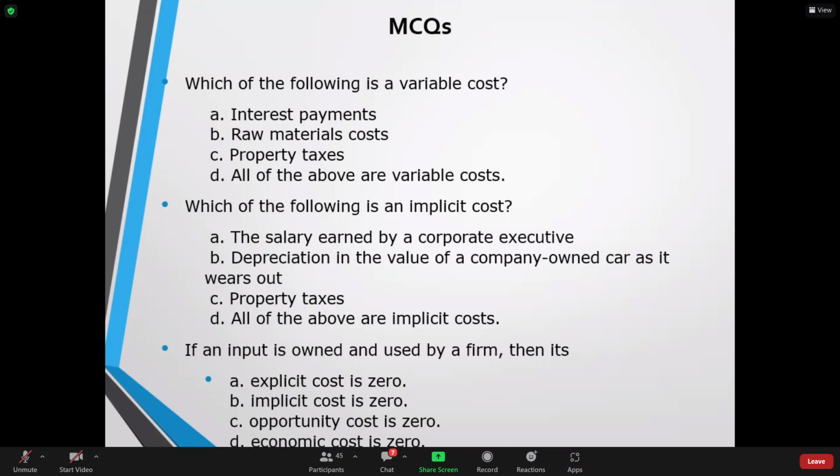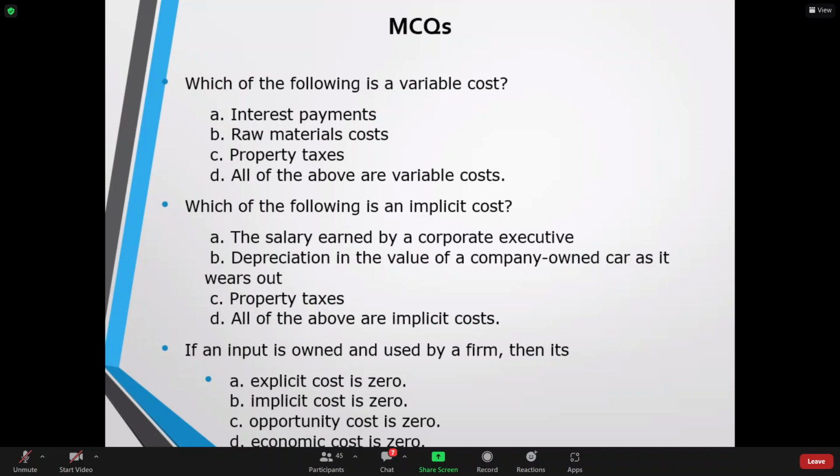So they vary with the production. Variable cost means it varies with the production. Variable inputs vary with the production, and the cost incurred in those variable inputs is variable cost, right? So therefore, interest payments and property taxes, we will have to pay whether we have production or not. So they are not variable cost.